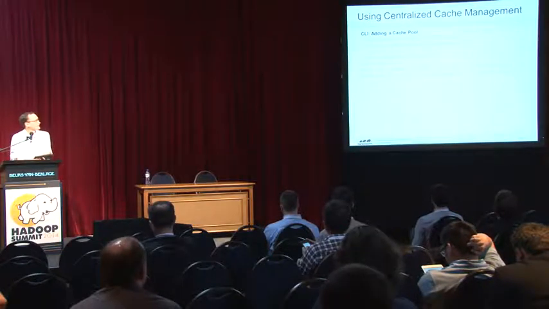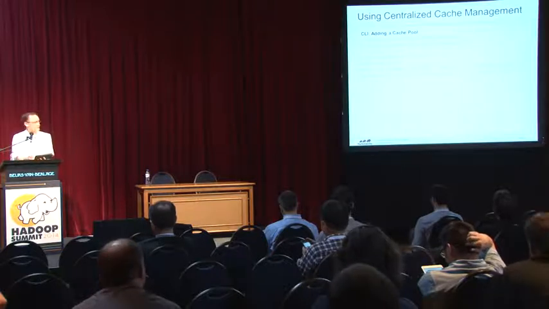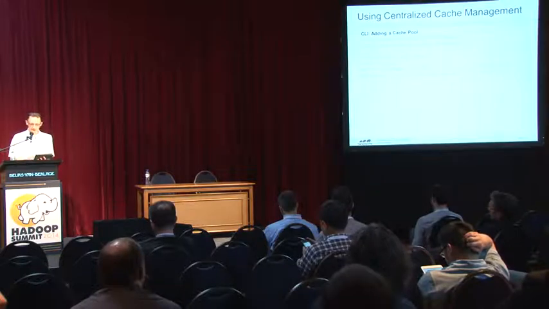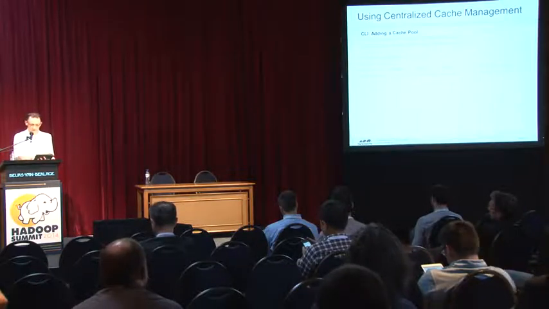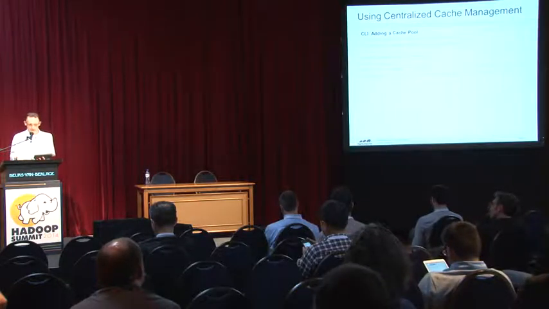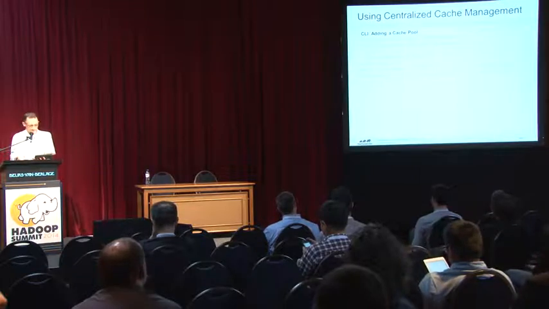The pool name is the only required field. We could have specified permissions, a limit to the amount of cache bytes in the pool, and a maximum time to live for cache directives inside that pool. But we didn't bother, so it gave us the defaults, which are 755 for the permissions.